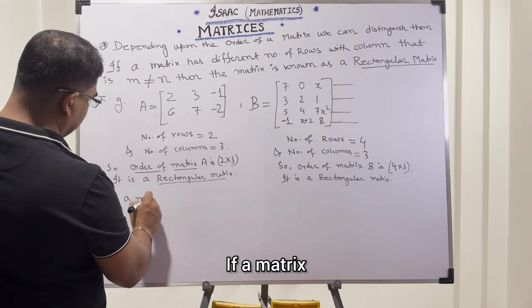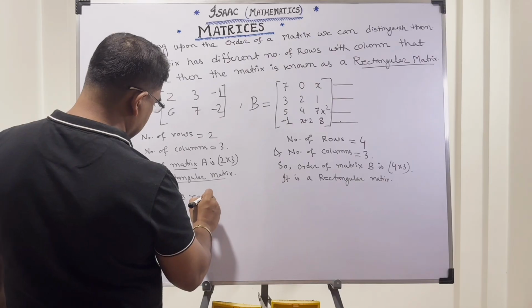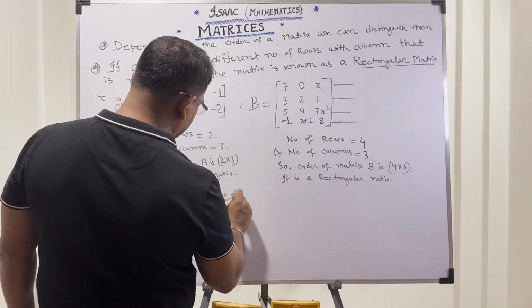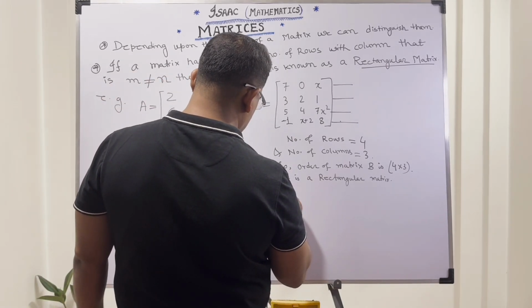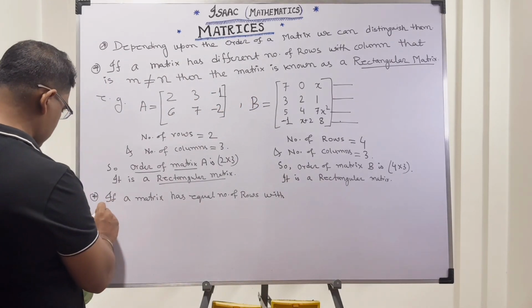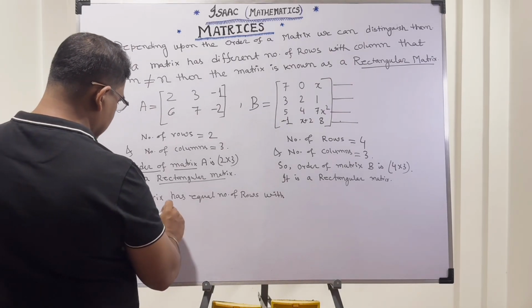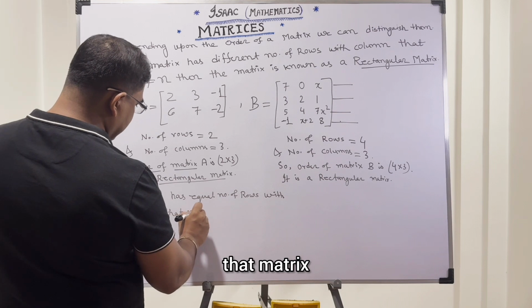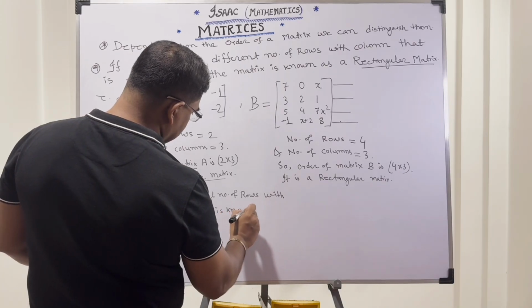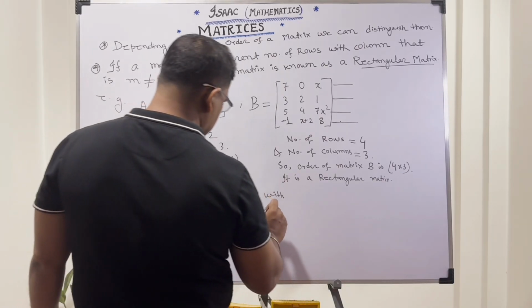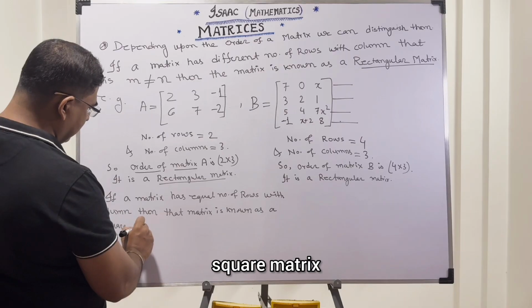If a matrix has equal number of rows with column, then that matrix is known as a square matrix.